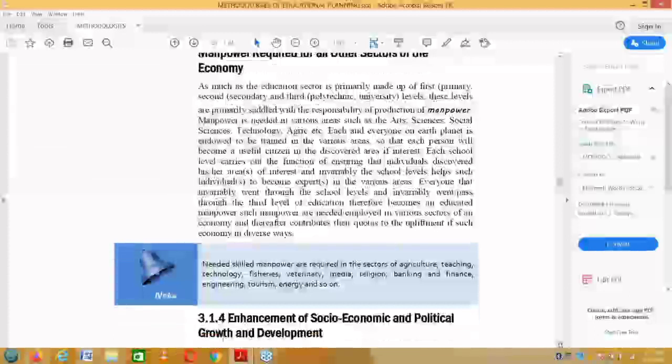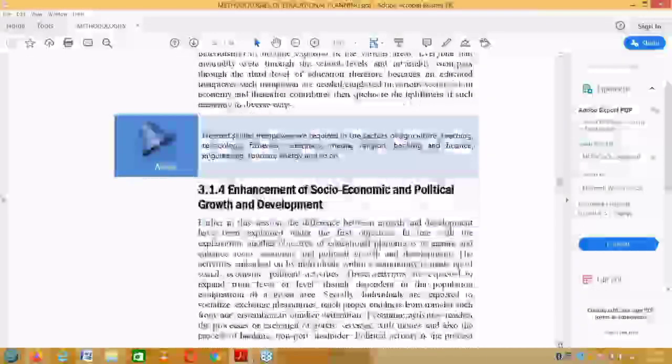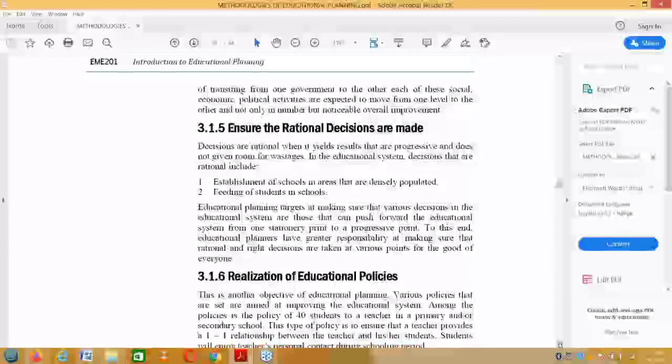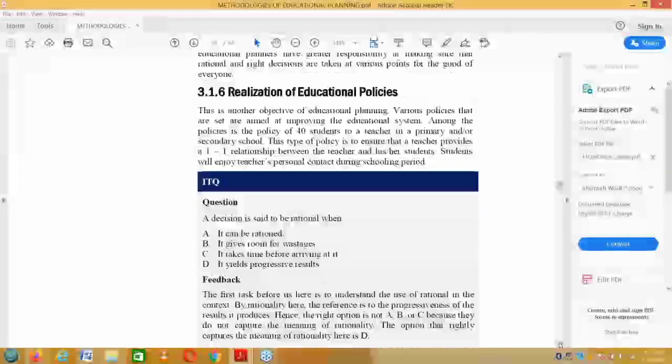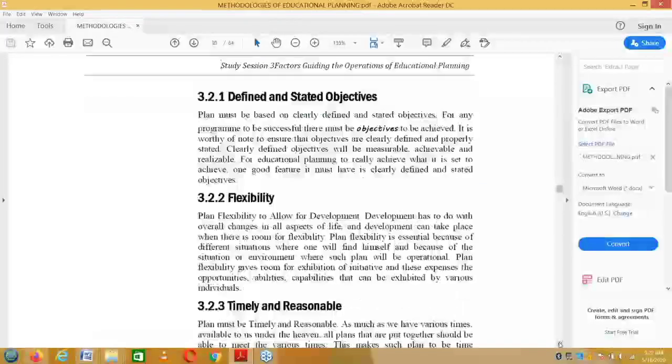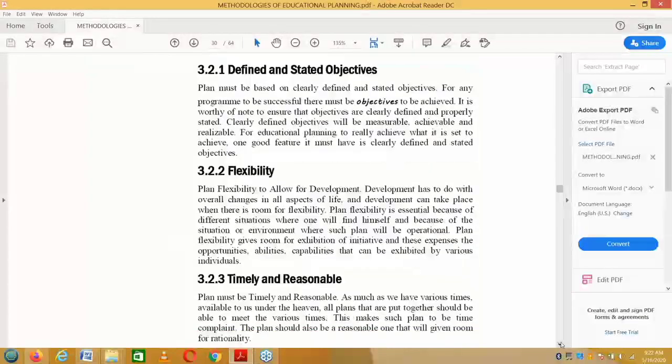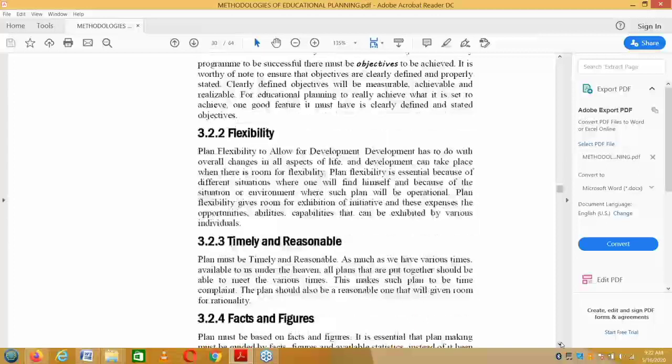We are on the characteristics of educational planning, and we talked about realization of educational policies. We've talked about flexibility. Let's look at timely and reasonable. The plan must be timely and reasonable.